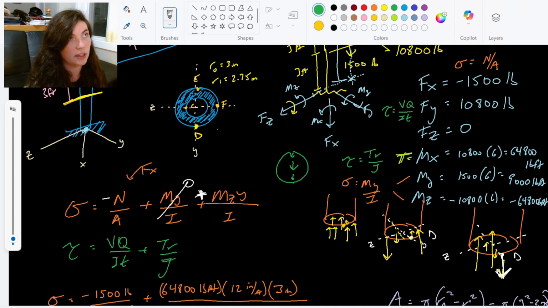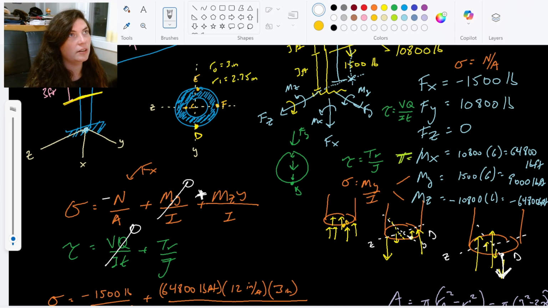There's no way to calculate a Q value for this D, for this Fy that's going in the direction of the y-axis here. Here's point D. This is in line with the y-axis, which means there's actually no shear happening from Fy. No shear stress. Q value is 0. Do not need this term. Excellent. Wonderful. We love to see it.